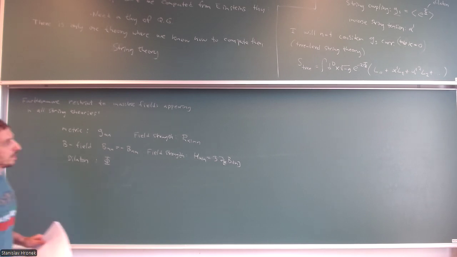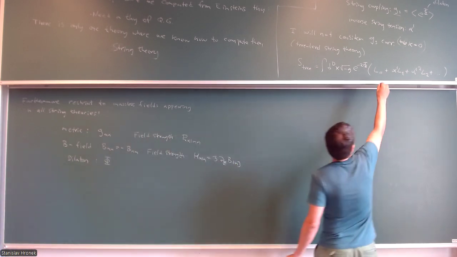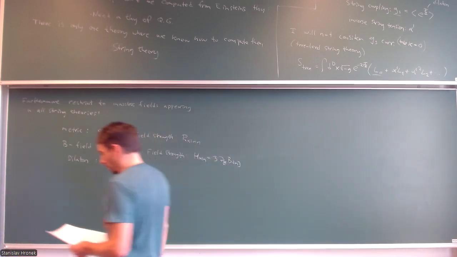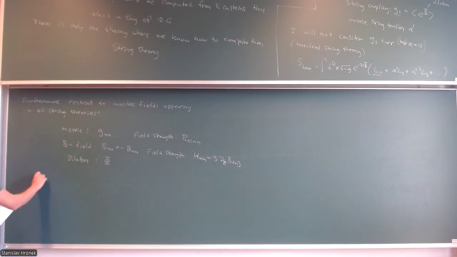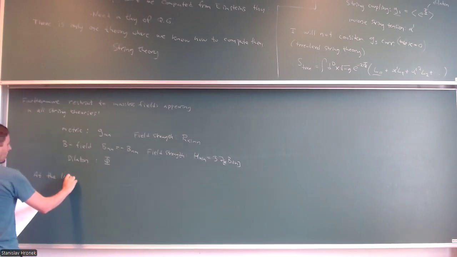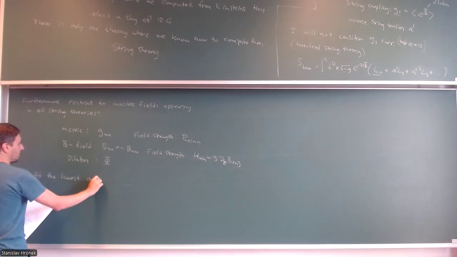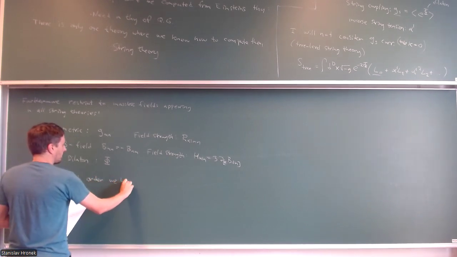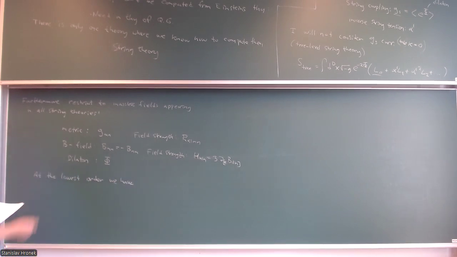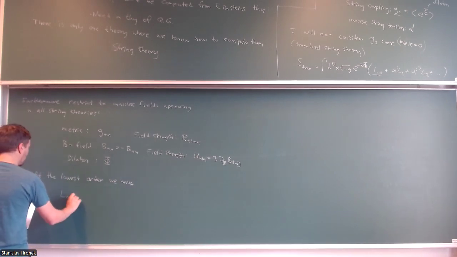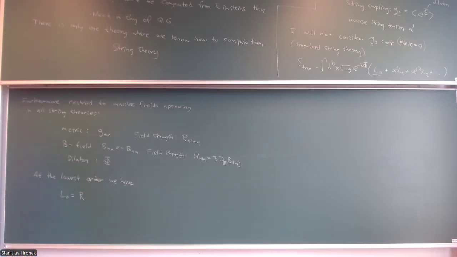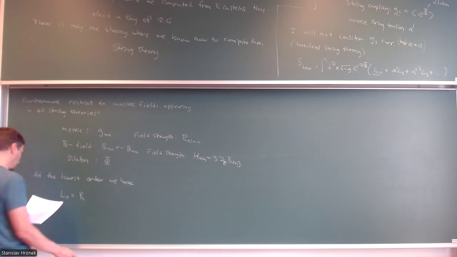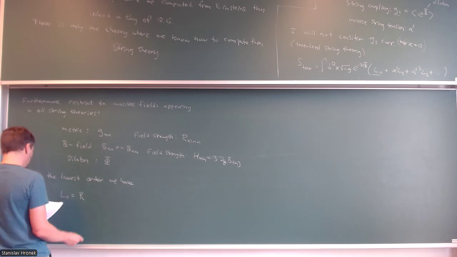Now let's begin with the lowest order, zeroth order in alpha prime. The L0 takes the following form. The curvature scalar, as we would expect, because we expect to recover the Einstein-Hilbert action on the fields.